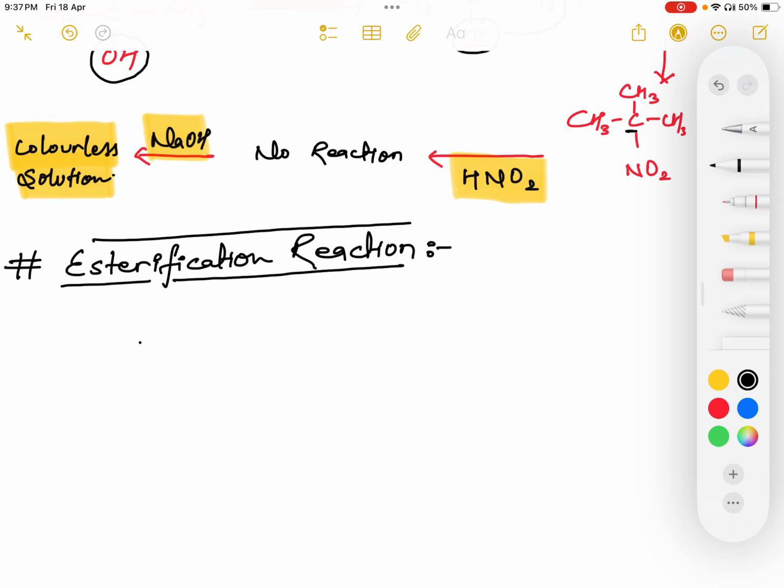Obviously the reaction in which ester is formed is known as esterification reaction. So in general, what you can say is when alcohol is being treated with carboxylic acid, that is R dash OH, this is your alcohol, and this is your carboxylic acid.